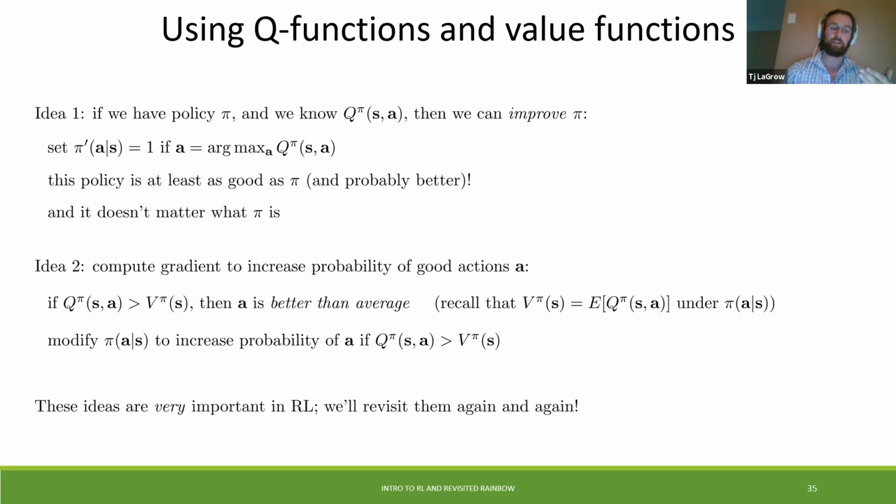Where contrarily, we can compute the gradient to increase the probability of taking a good action. So instead of updating the policy, we would be updating the probability of taking a good action. So this is saying if our Q function is bigger than our value function of the given state, this is a better average to be able to modify our policy to increase the probability of taking a better action given our Q state. So I want to pause here to ask if there are any questions between policy, action, state, and the Q function.